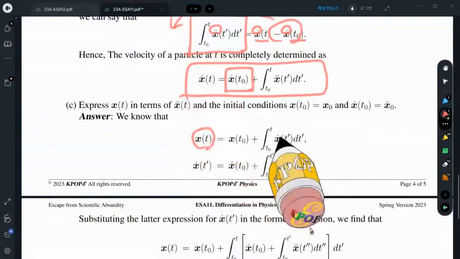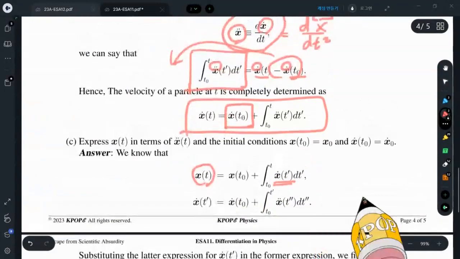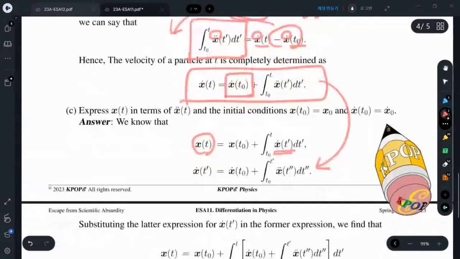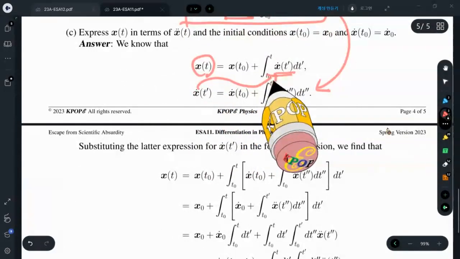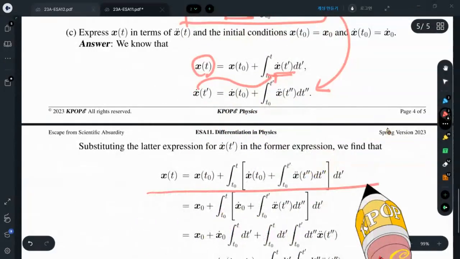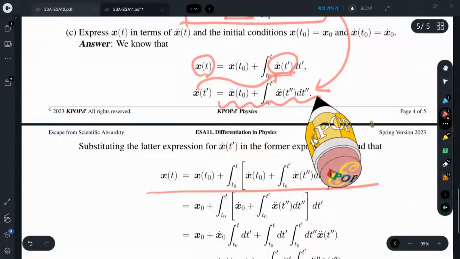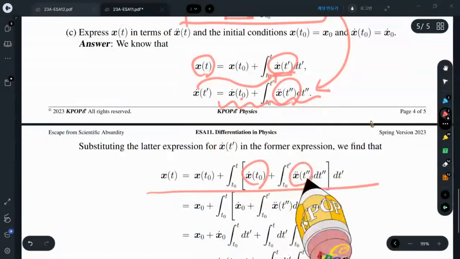And then this dot should be integrated over. We remember this and substitute this one in here, and we have this one is replaced with this. So this guy is this, and this guy is this.